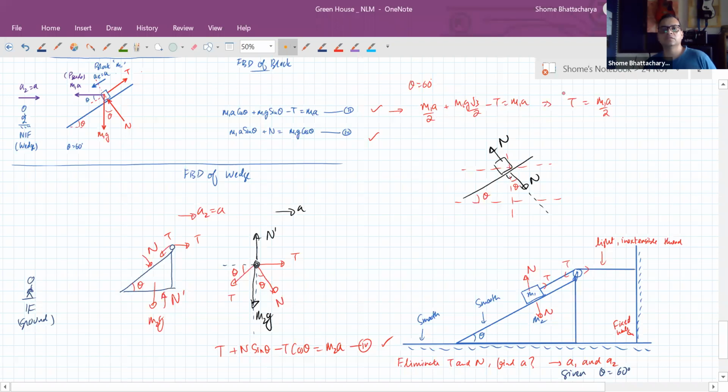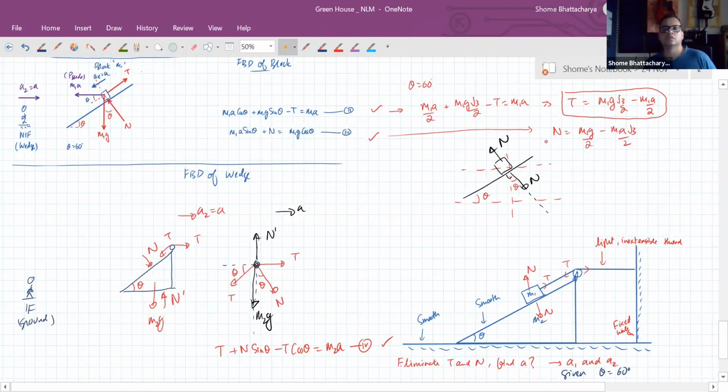Take T to the other side. And from this one, we can write normal reaction as m1g cos theta, so that is by 2, minus m1a sin theta.